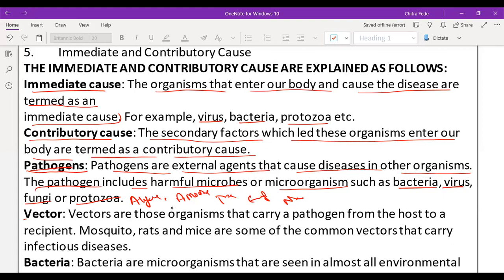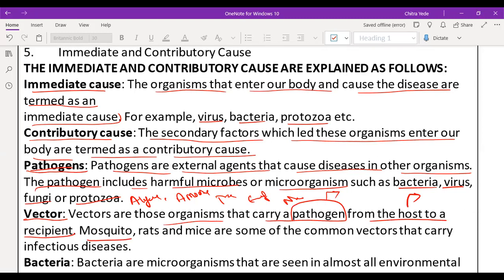Now, very important, the vector. Vectors are nothing but the disease carriers. Vectors are those organisms that carry a particular pathogen from one place to another or one person to another, from the host to the recipient, meaning from the diseased person to the healthy person.